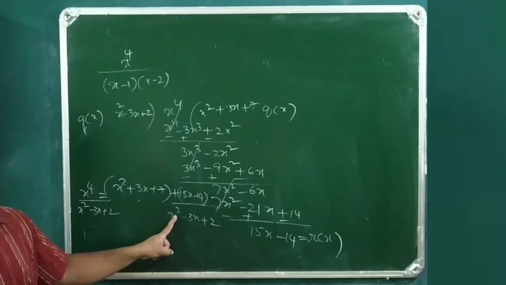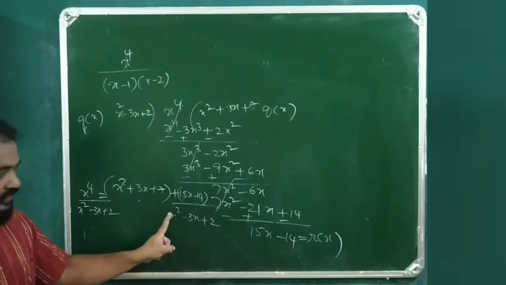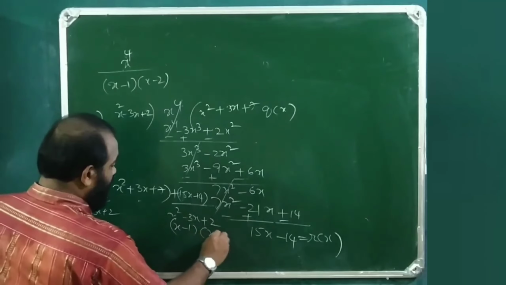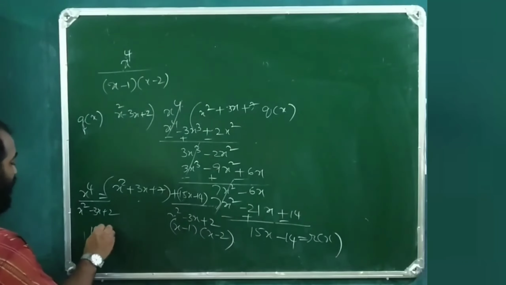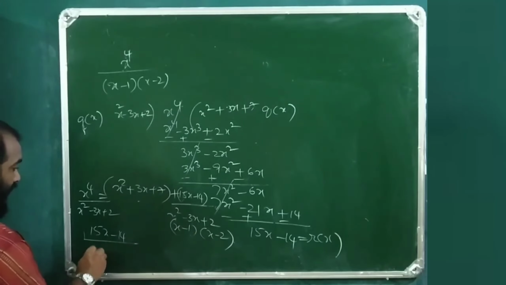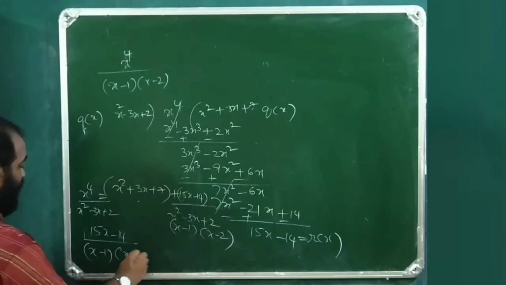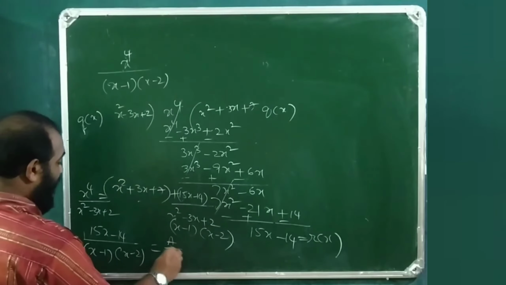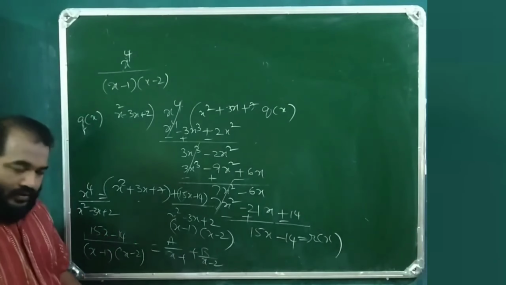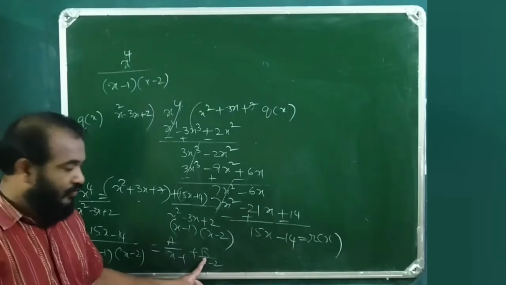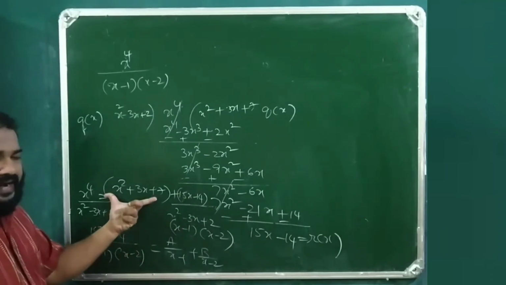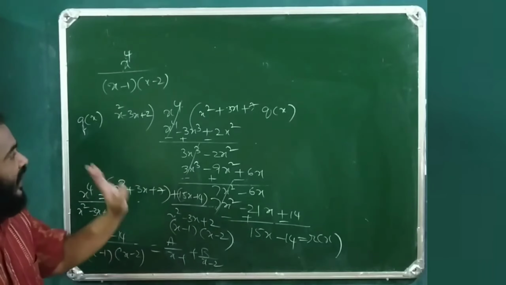Therefore partial fractions are applicable for this proper fraction. The denominator is x minus 1 into x minus 2. So 15x minus 14 by x minus 1 into x minus 2 is equal to a by x minus 1 plus b by x minus 2. So a and b are to be evaluated, and whatever we get is to be added to the quotient for the final answer.